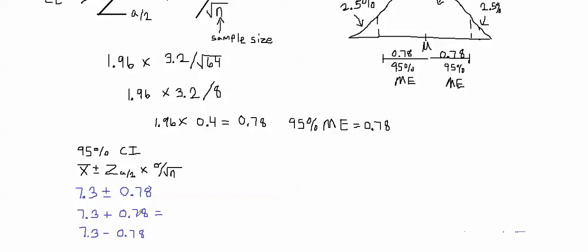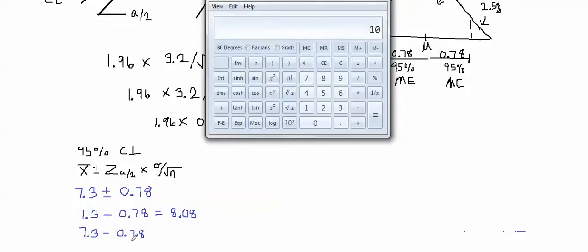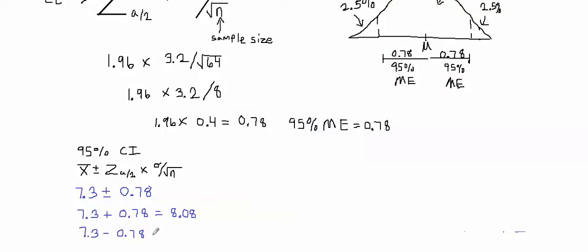So 7.3 plus 0.78 would come out to 8.08. And I'm not sure what this is, so I'll use the calculator. 7.3 minus 0.78 is 6.52.